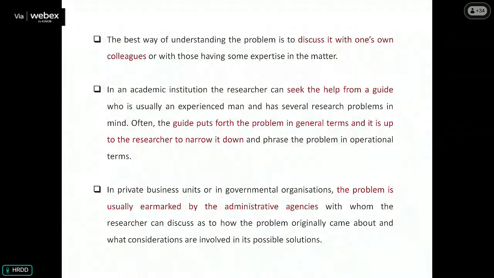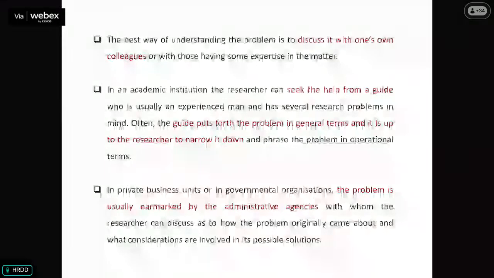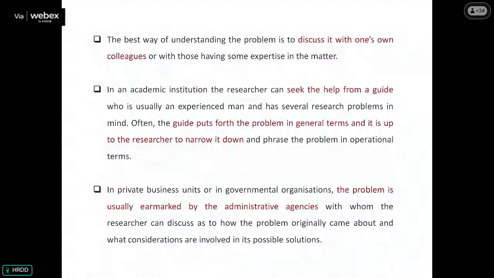You have to keep to the mandate of that organization, according to their motto. And if it's a government institution like us, the Department of Atomic Energy, the problems are marked by the administrative agency. There are broad problem areas, and the problem in which you will work will be earmarked by the agency.